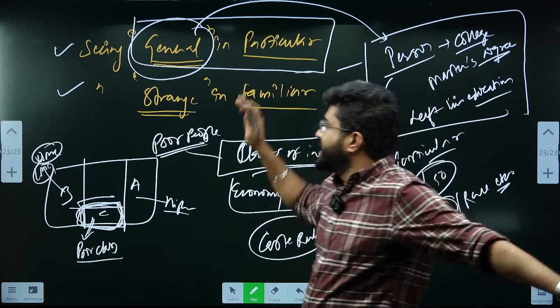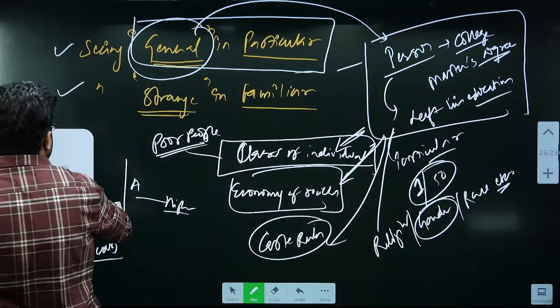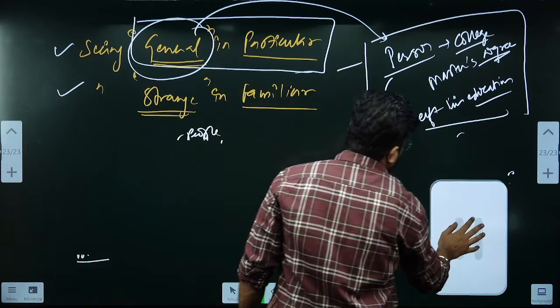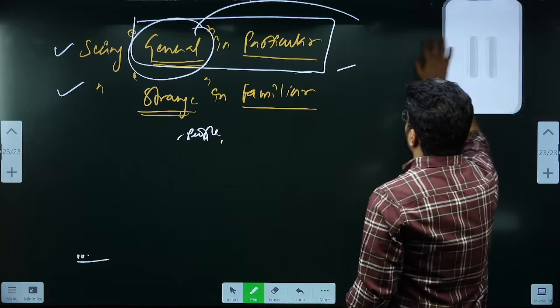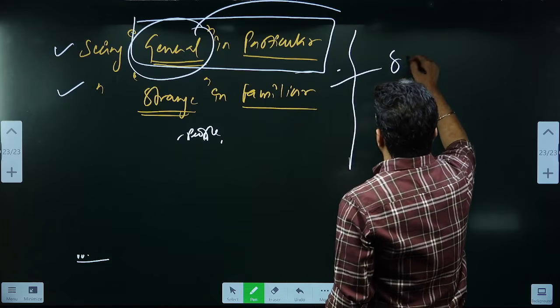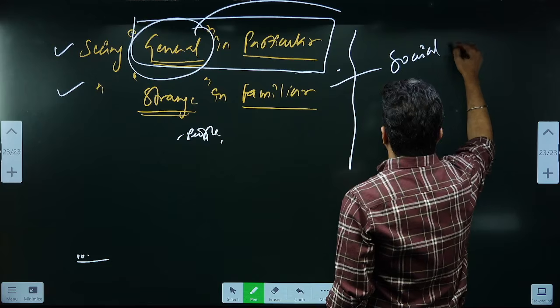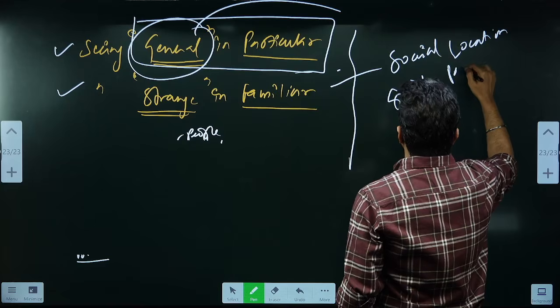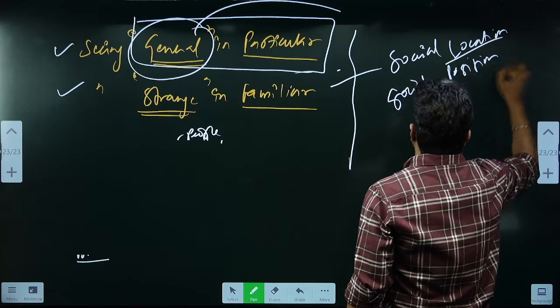Now, why is seeing the general in the particular and the strange in the familiar important? Because with this, you tend to understand the social location, or social position, of an individual.